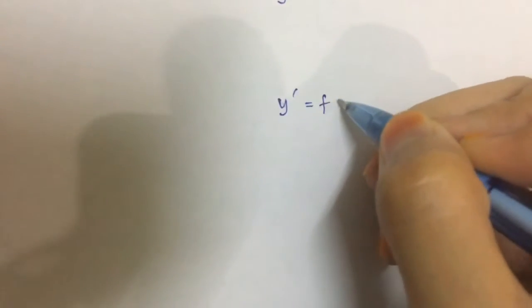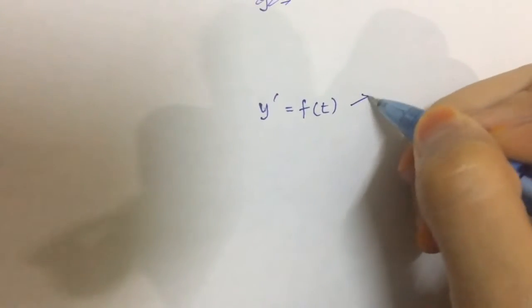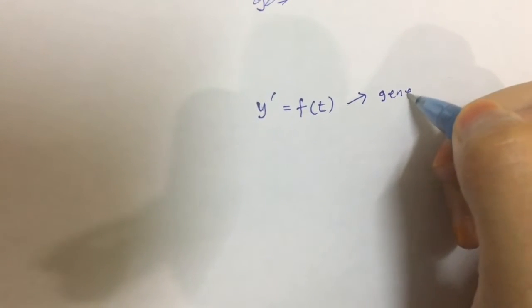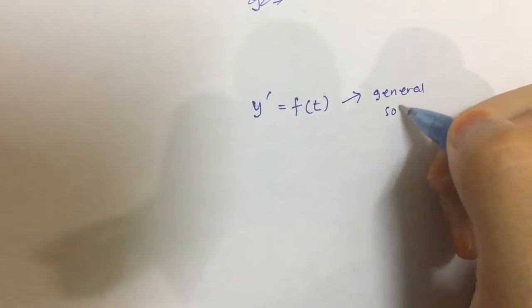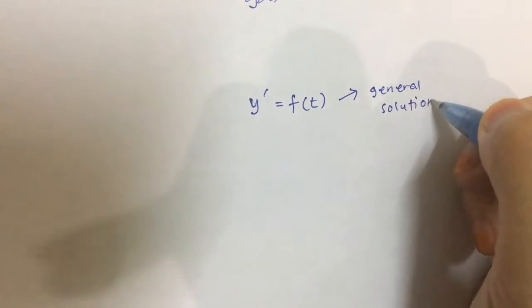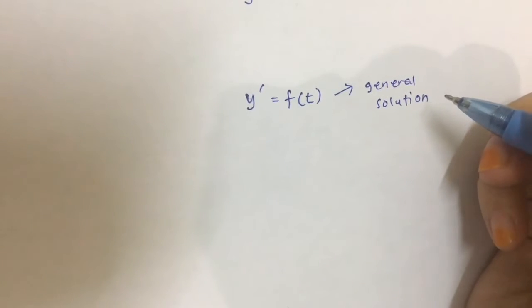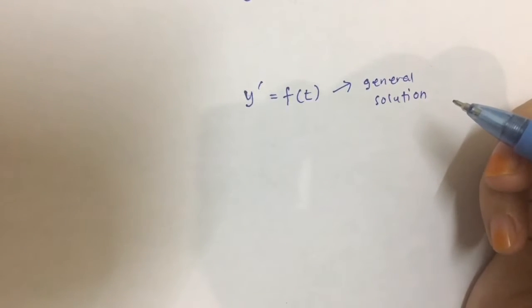For the simplest differential equation, y prime equal to f(t), this is the general solution: the integral of f(t) equal to F(t) plus c.